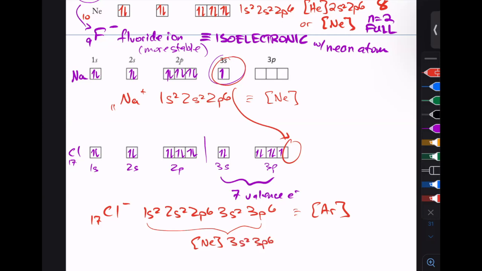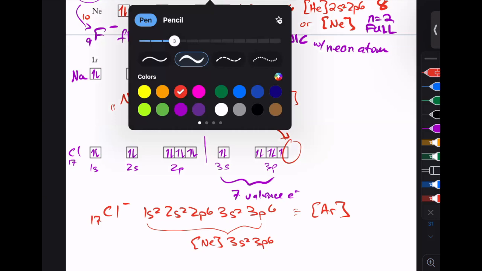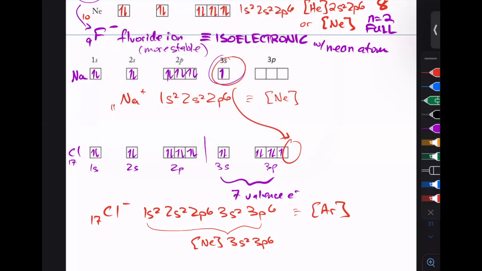Okay, so in gaining and losing electrons, we're becoming isoelectronic with the nearest noble gas. All right, this is isoelectronic with neon atom. This one is isoelectronic with the argon atom.